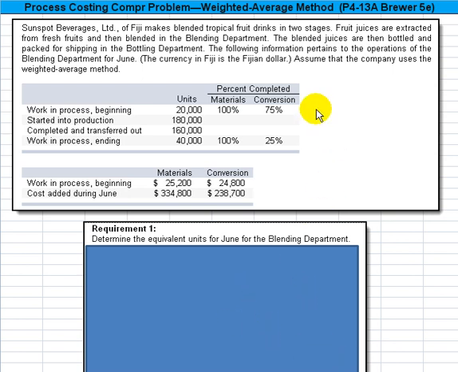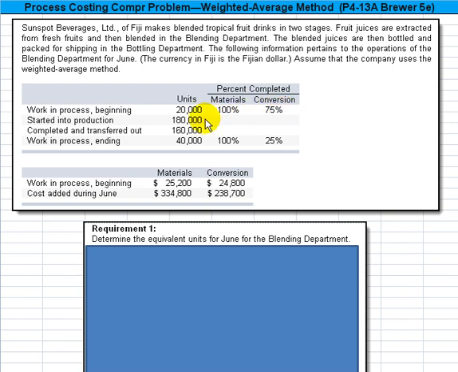Okay, so what we see on the screen here is we started off with 20,000 units in work in process, which were 100% complete as to material units and 75% complete with regard to conversion, the labor and overhead or the conversion efforts applied to it.